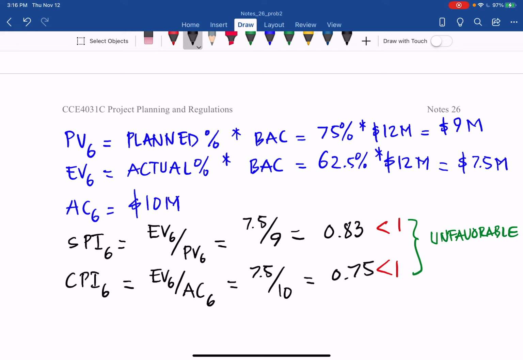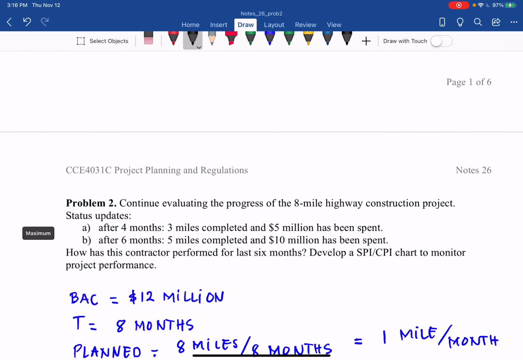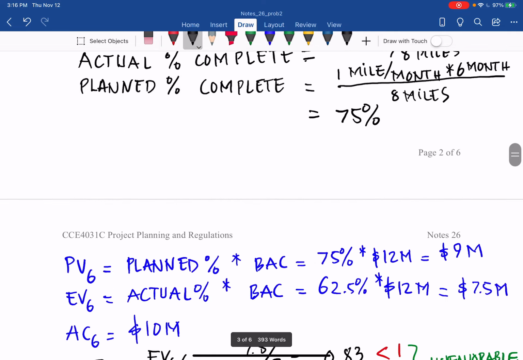And now we want to draw the chart that the question asks us to do, SPI and CPI. So we go ahead and do that.